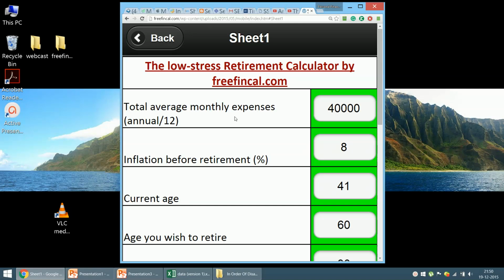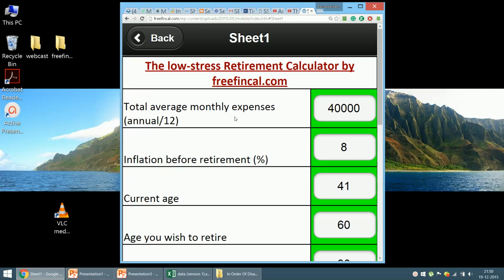Your health insurance premium would still continue. Your car insurance premium would still continue, and so on. Any AMC expenses that you have for any equipment will still probably be there. So you only remove those expenses which you are certain will not persist when you begin your retired life. All other expenses, let them be there.